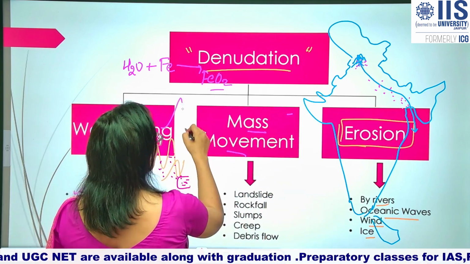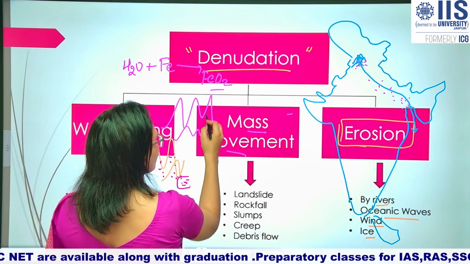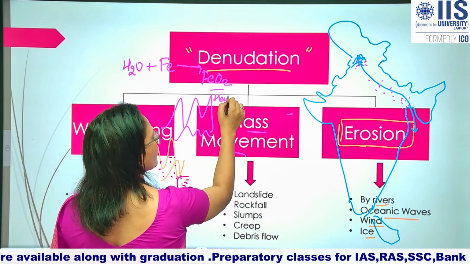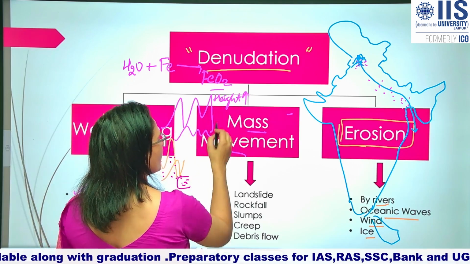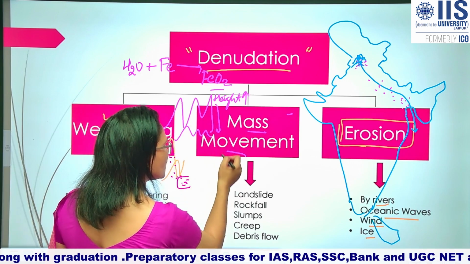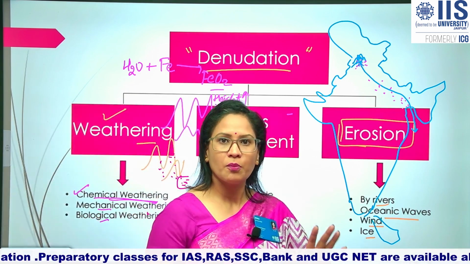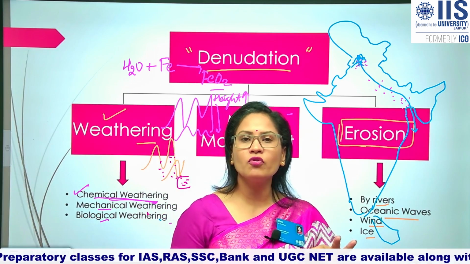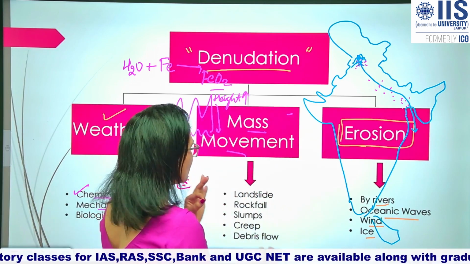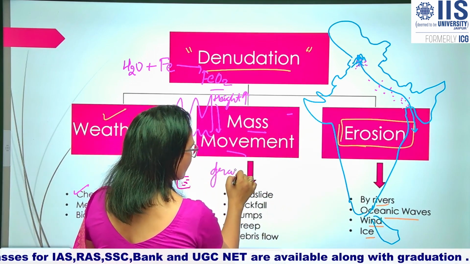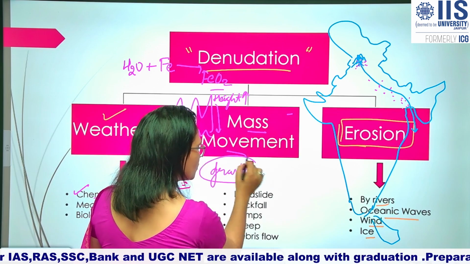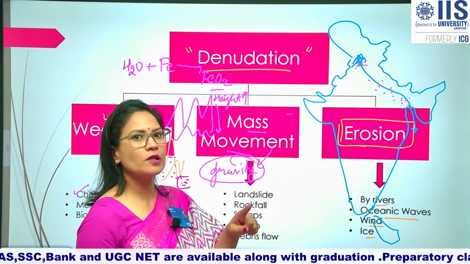This is the mountainous region. Because it is at a higher altitude, disintegrated material comes downwards with the help of several agents. But when the debris material moves towards the bottom due to gravity, then it will be known as mass movement.